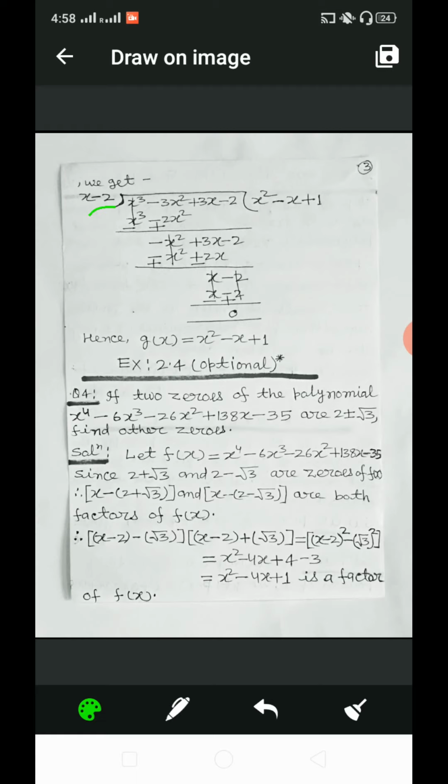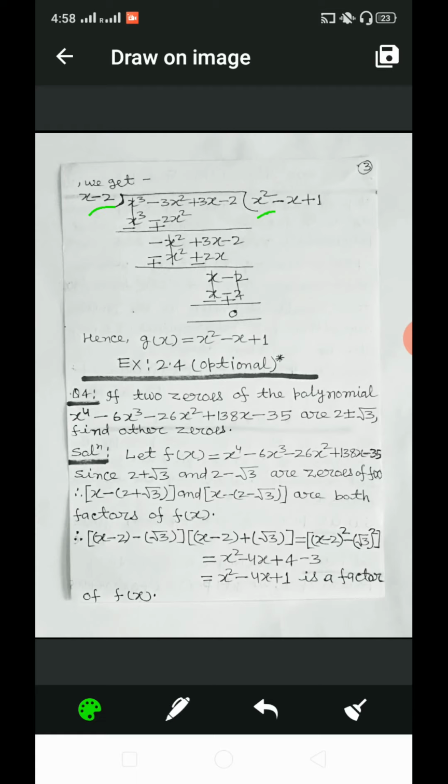Here the first term is x cube, so the first term of the quotient is x square, and it is multiplied by x minus 2. We get x cube minus 2x square. After changing the sign, we get minus x cube plus 2x square, and solving we get minus x square plus 3x minus 2.